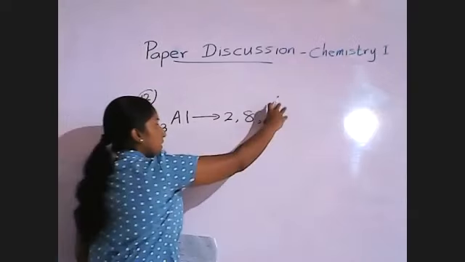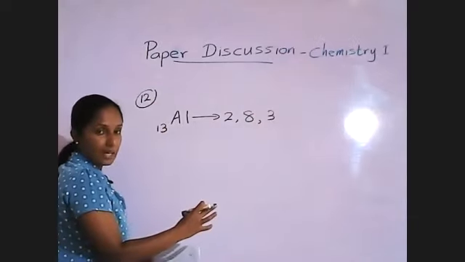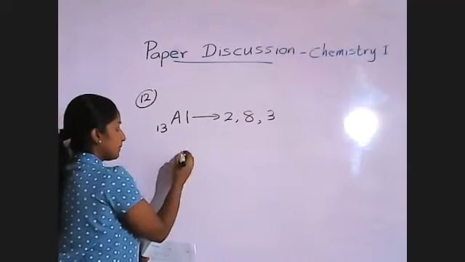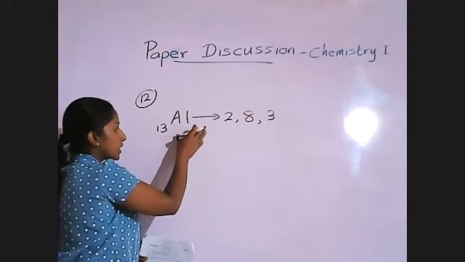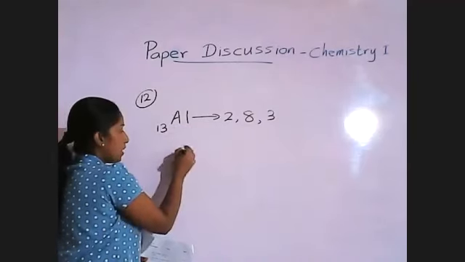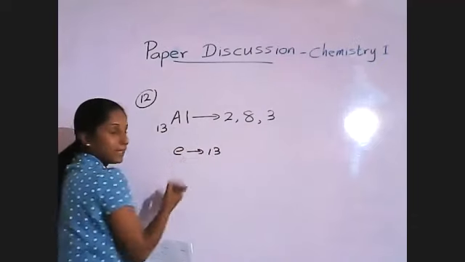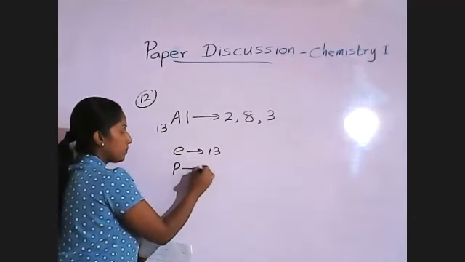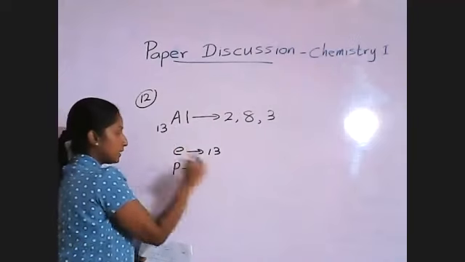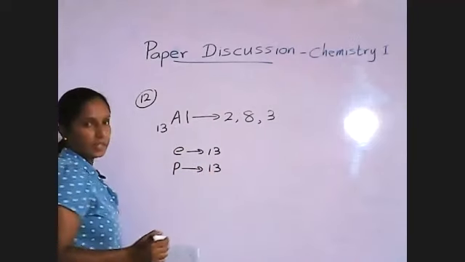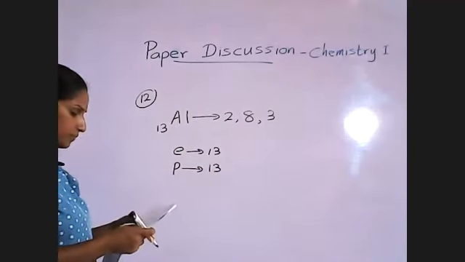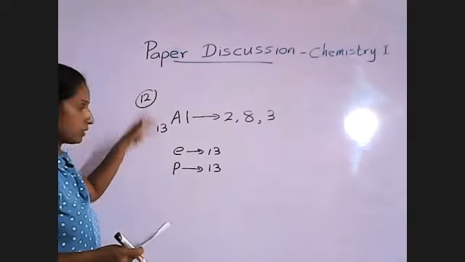After removing these 3 electrons in the last energy level, before removing the 3 electrons, how many electrons are there? 13 electrons. How many protons? The atomic number is 13, then there are 13 protons. No need to think about the neutrons.